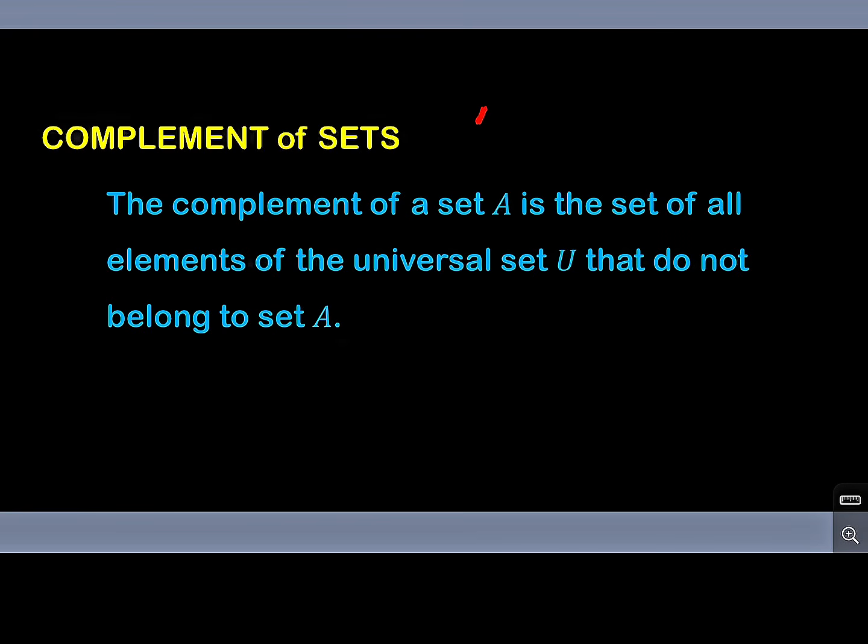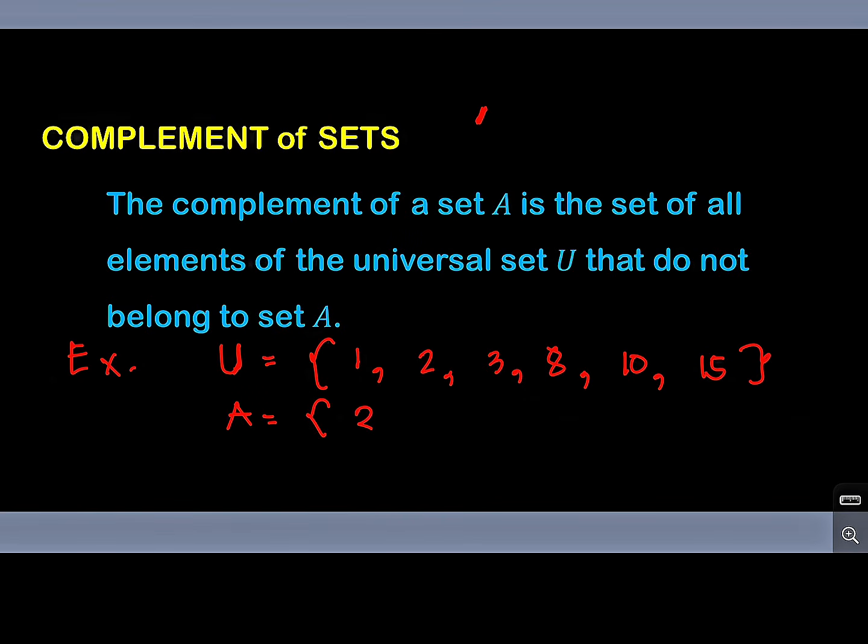The complement of a set A is the set of all elements of the universal set U that do not belong to set A. So the reference of your answer is coming from the universal set. The universal set always contains more elements than the given set A or B.